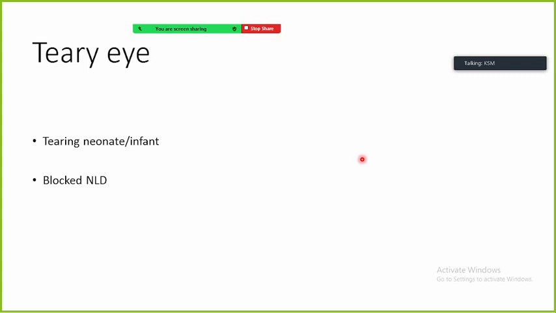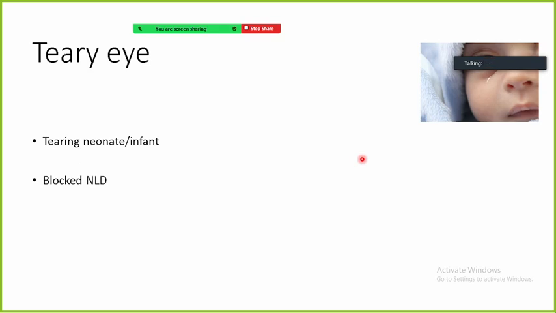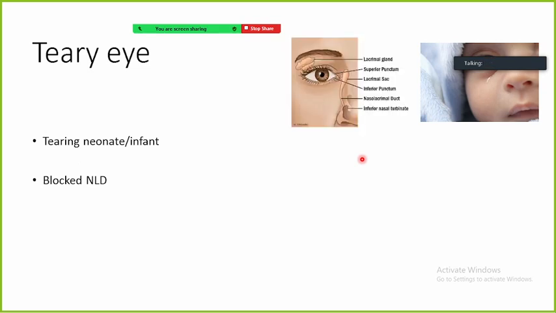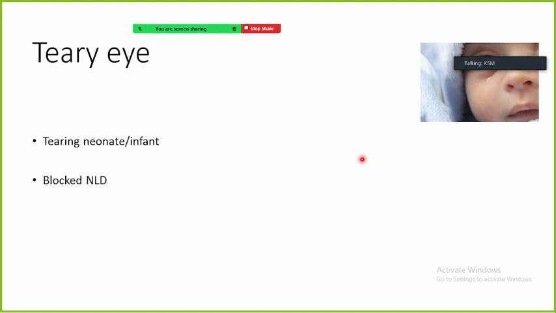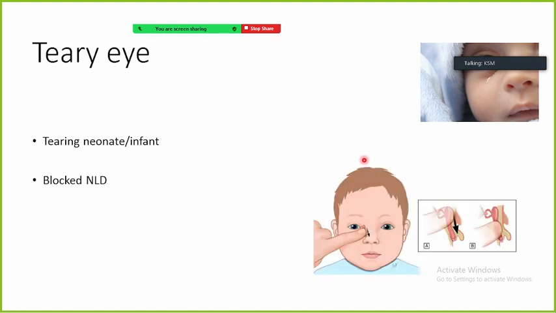Going into the teary eye, especially in a child. Most of you doctors might come across the teary eye in a young child. So you just visited the anatomy. Generally in a child, it's a problem with the lacrimal outflow or the tear outflow system.